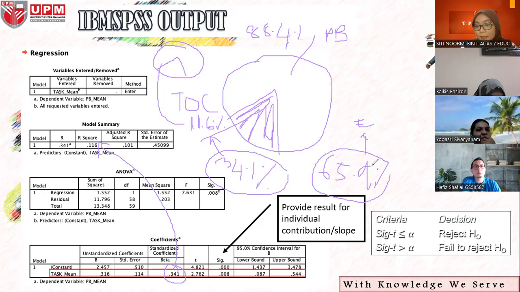So selebihnya ni adalah error. Error in data collection ke, dia ada error lah, data collection, sampling. Okay, faham? So that's why nilai kat sini tak sama dengan kat sini. Sepatutnya sama. Kalau in vacuum, dia sepatutnya akan sama. Faham? Okay.